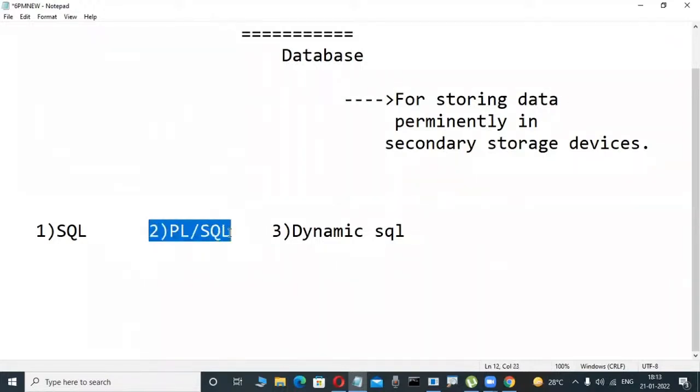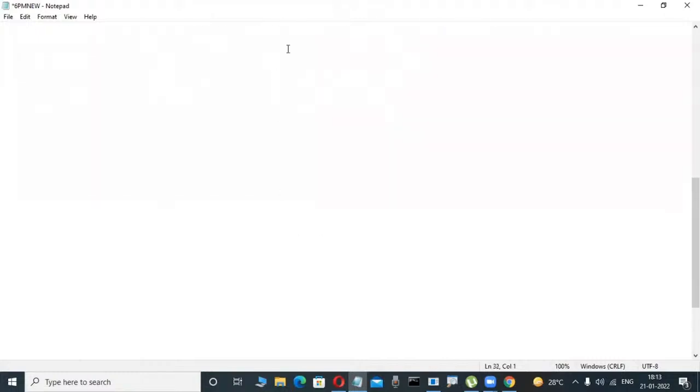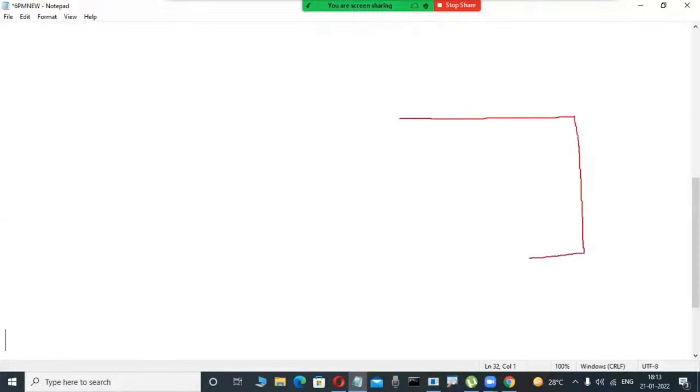Why this language is required: for so many applications. For example, if you are a first-time newcomer, how will you understand? Concentrate here. Why PL/SQL is required, just for an idea, I'm telling some applications. Daily, so many people go to banks for depositing or withdrawing money.